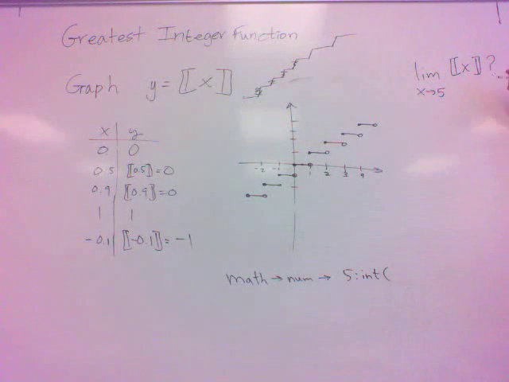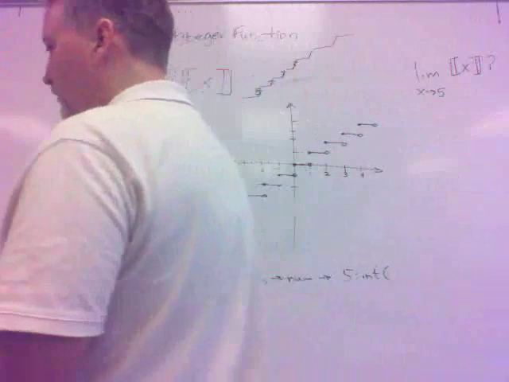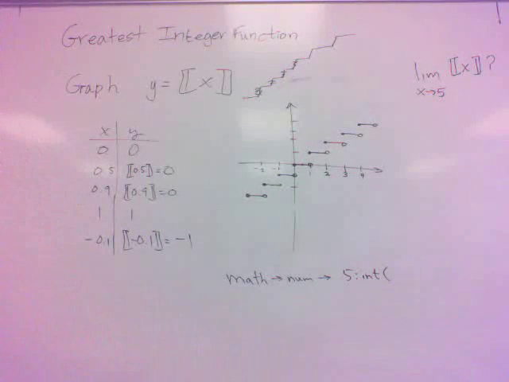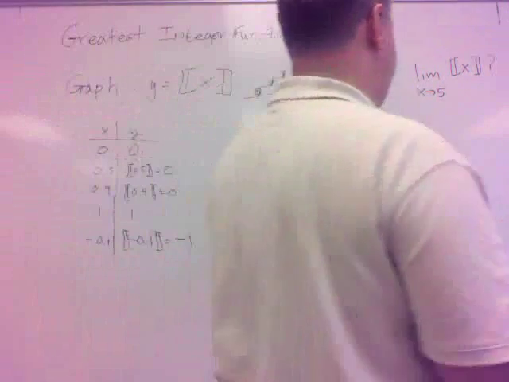What would you say there? Hopefully you see here that you've got to look at the pieces, don't you? Because does this limit exist? No, it doesn't. This limit does not exist.